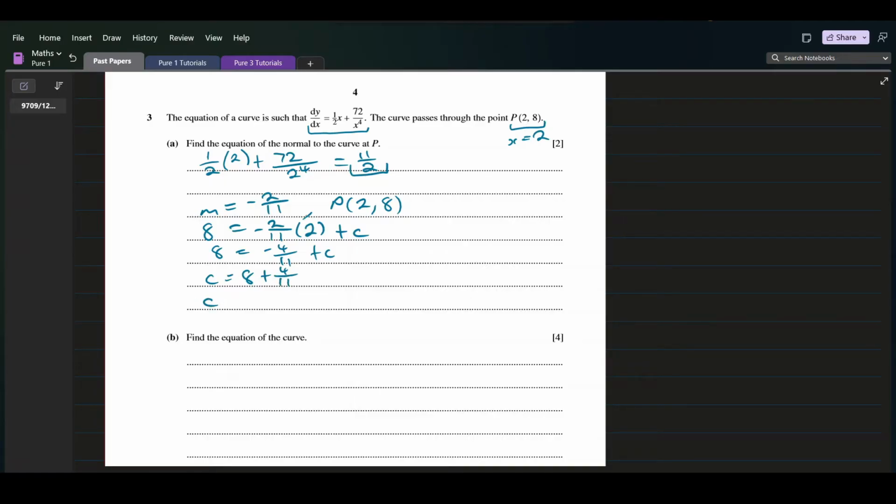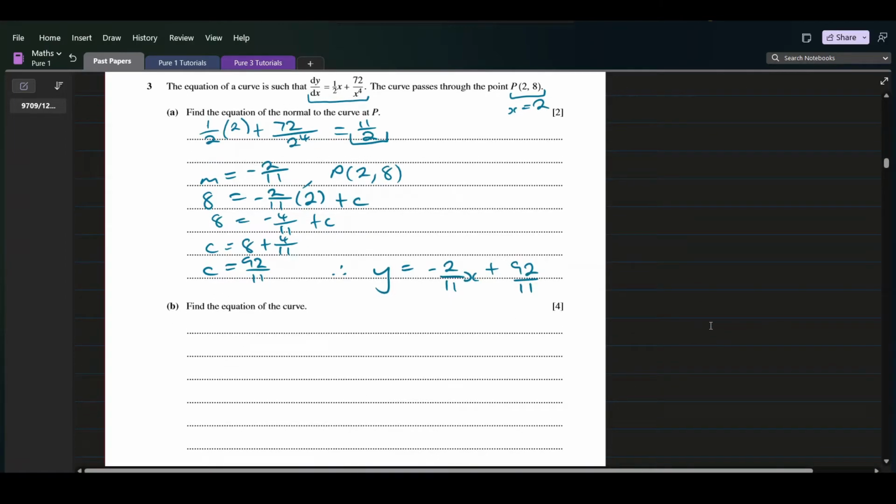Punch that into the calculator, that's 92 over 11. So therefore the equation of the normal would be y is equal to negative 2 over 11 x plus 92 over 11.